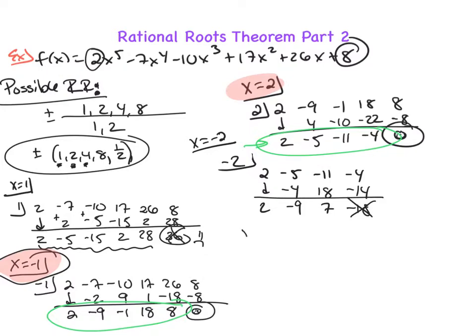So let's check x equals 3. No, we would not check x equals 3. X equals 3 is not in our list of possibilities. So let's go to x equals 4.